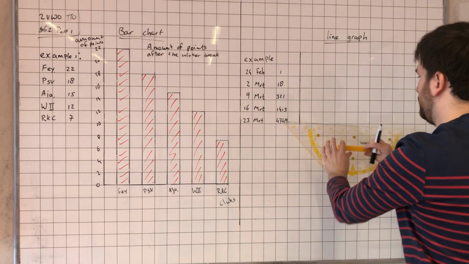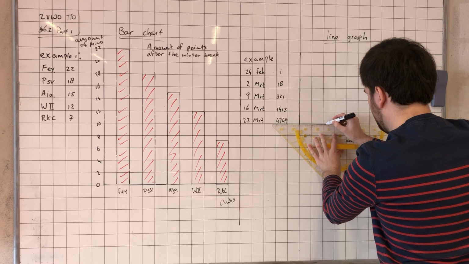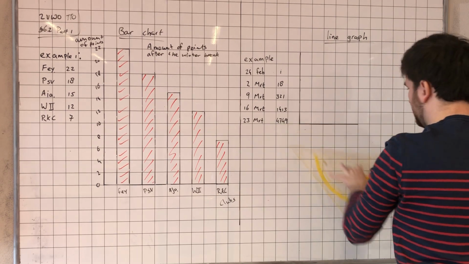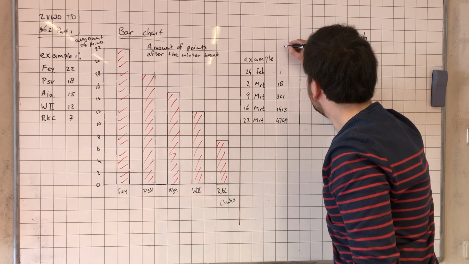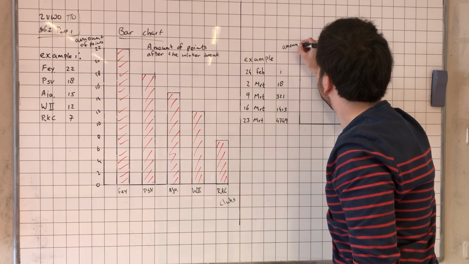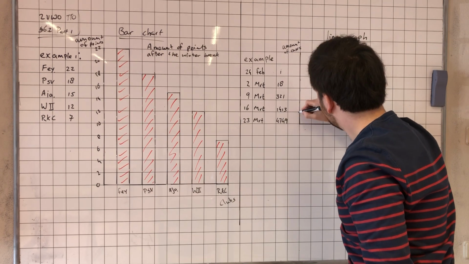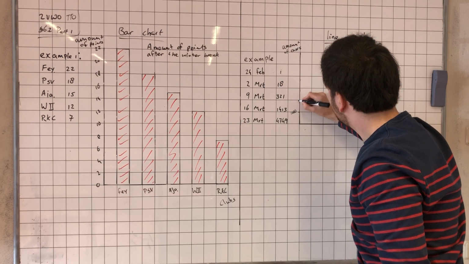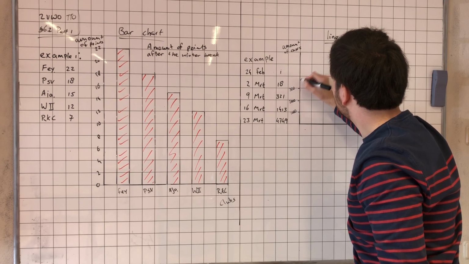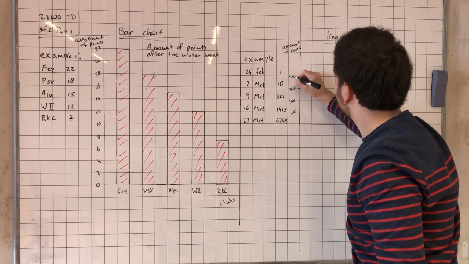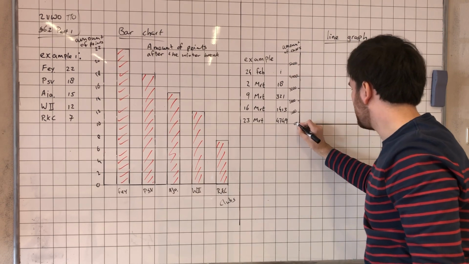And then over here, the amount of cases, and this is 1000, 2000, 3000, 4000, and 5000, and 0 over here.